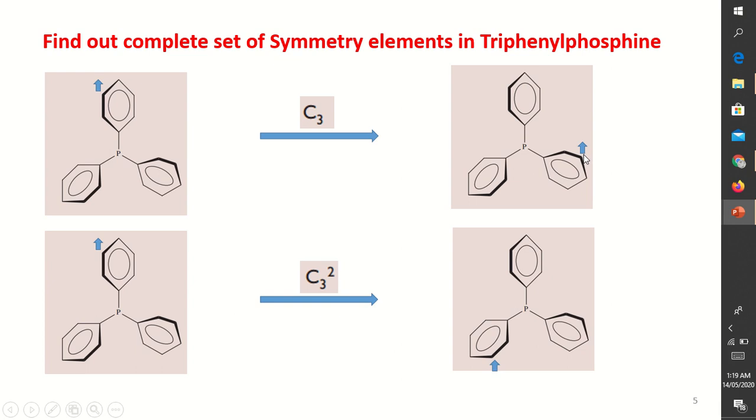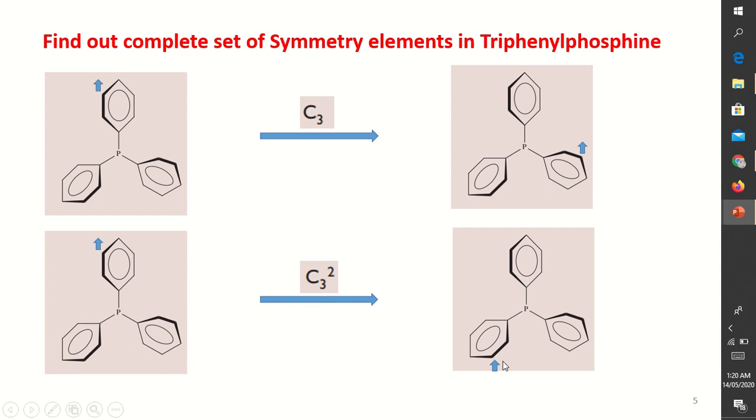Now talk about the second C3. If we apply a 120 degree rotation again about the axis, then this portion of the molecule will be replaced over there, and this arrow will definitely join the place here. In this picture we can see that this is C3 two times.